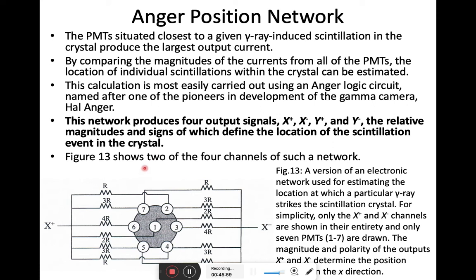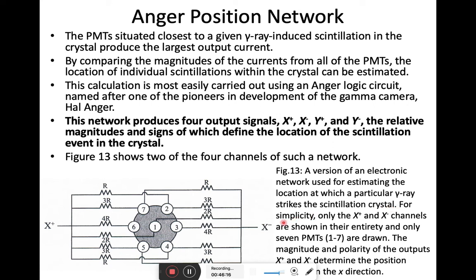Figure 13 shows two of the four channels of the network. This is one version of the electronic network used to estimate the location at which a particular gamma ray strikes the scintillation crystal.